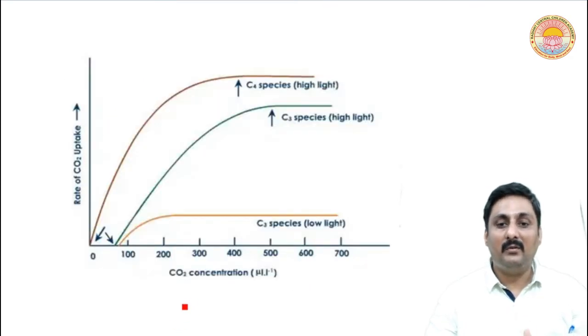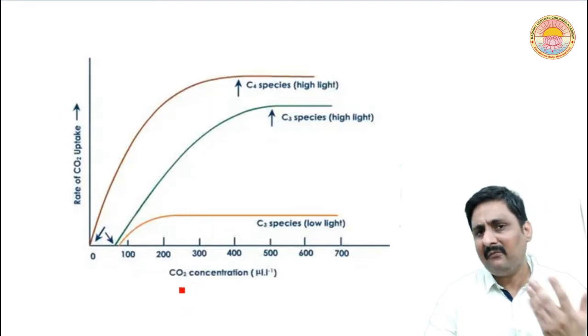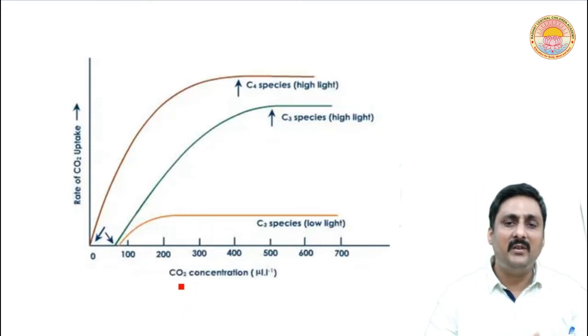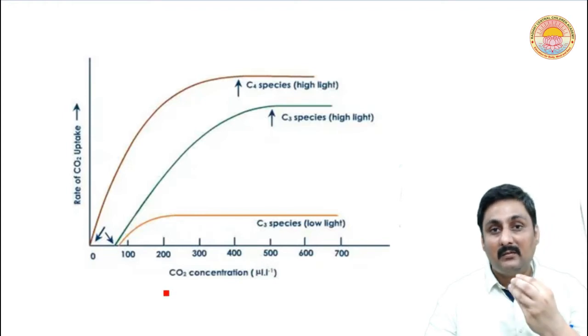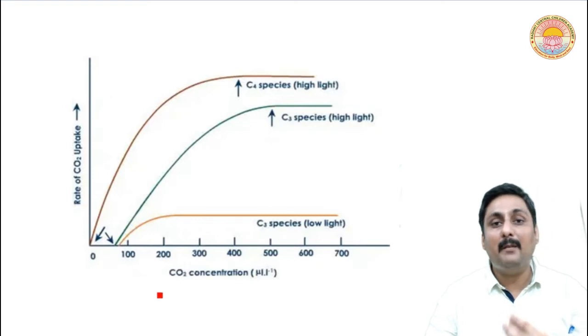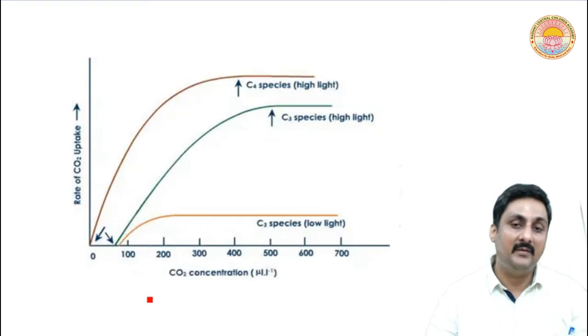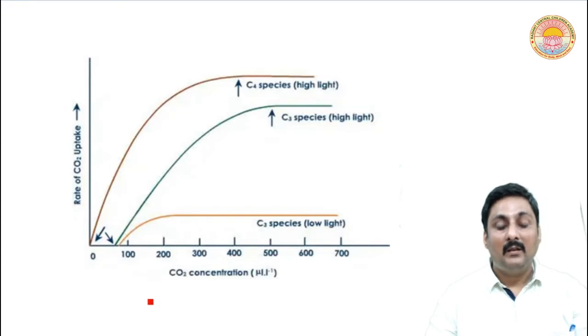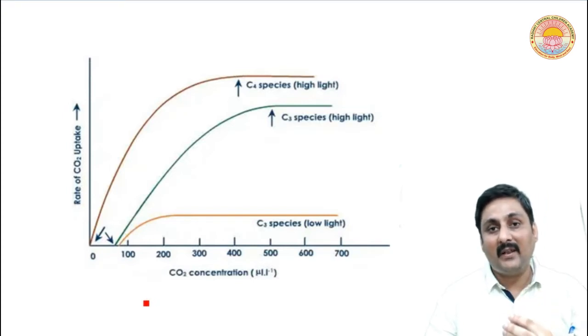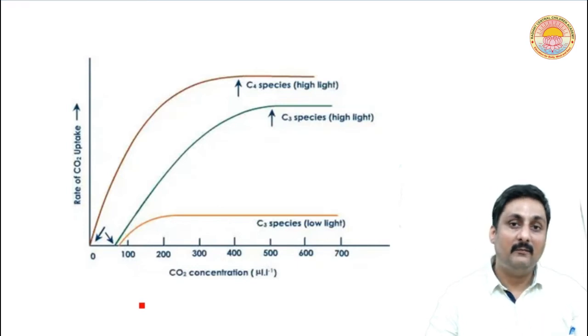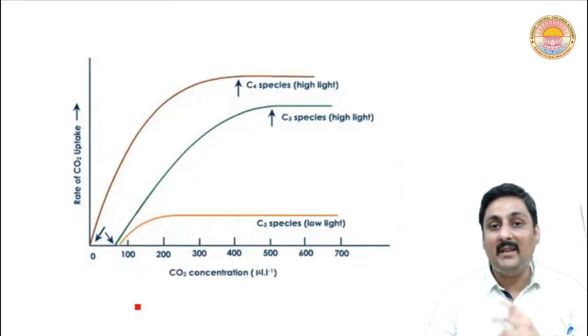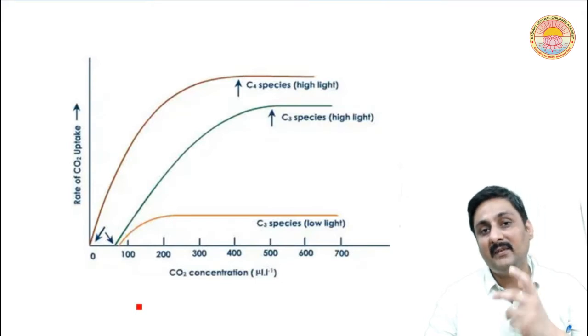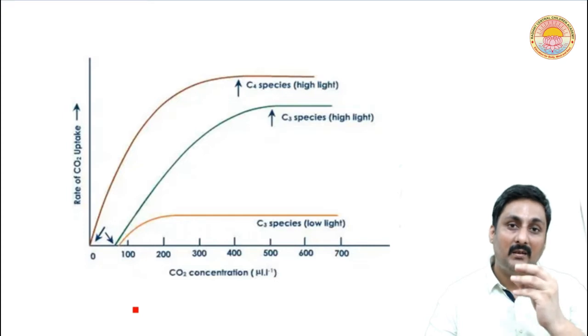Now let us study certain other things. I have told you in the previous lectures about C4 and C3 plants. I told you that in case of C4 plants, the Calvin cycle enzymes are located in the bundle sheath cells much deeper inside the leaves, and therefore the amount of carbon dioxide present in the bundle sheath cells for the rubisco to act is very high as compared to C3 plants, because in C3 plants the Calvin cycle enzymes are located in the mesophyll cells.